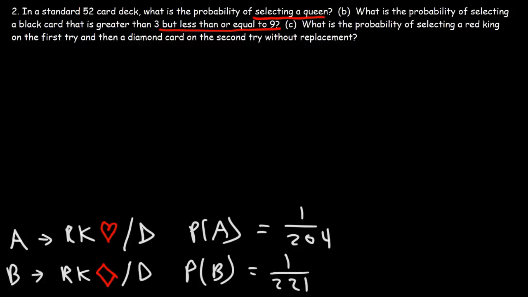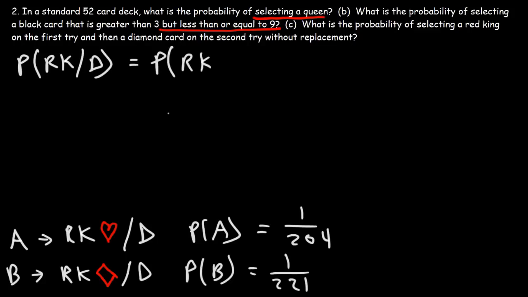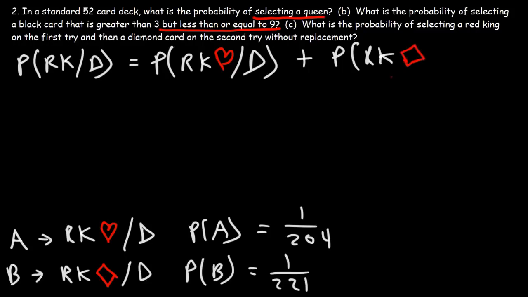Now let's put all of this together. So the probability of getting a red king followed by a diamond card is the sum of the probability of getting a red king of hearts, because that is a red king, followed by a diamond card, plus the probability of getting a red king of diamonds, which is still a red king, followed by a diamond card.